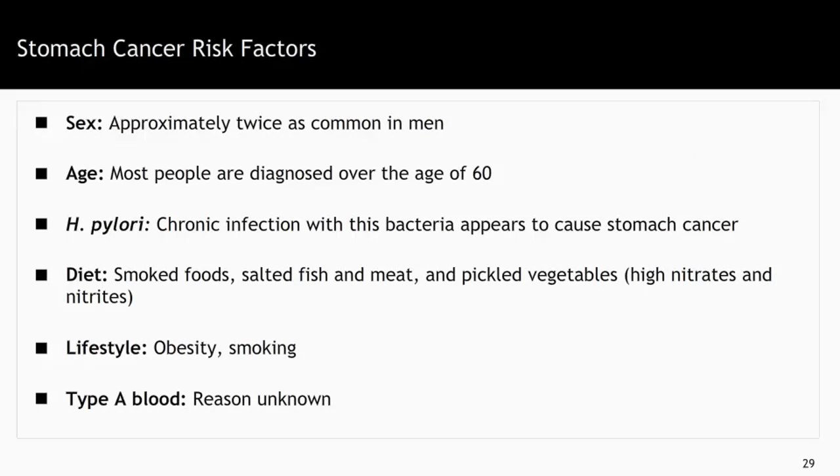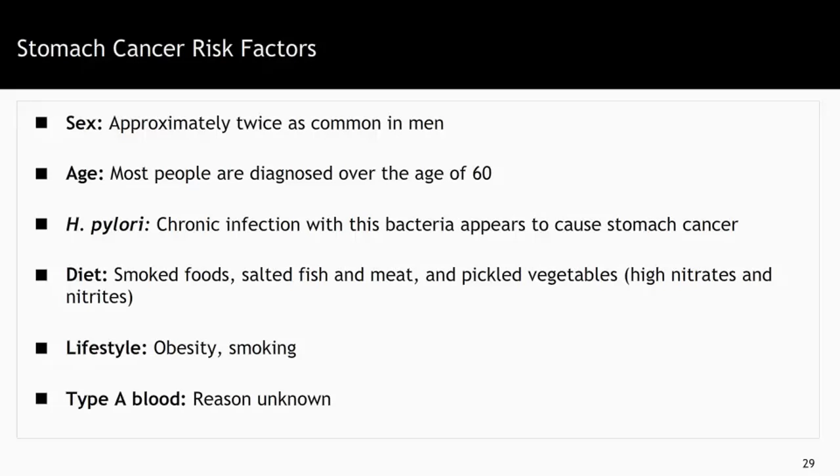Just like liver cancer, stomach cancer is more common in men. It's more common in people over the age of 60. Over the last 15 years, it has now become evident that chronic infection with the bacteria H. pylori appears to cause stomach cancer. H. pylori is a bacteria that commonly causes gastritis and ulcers.